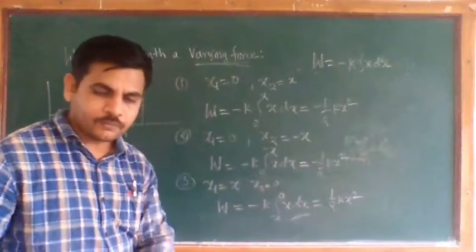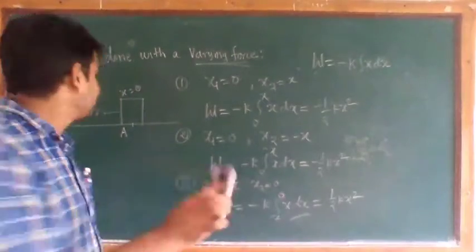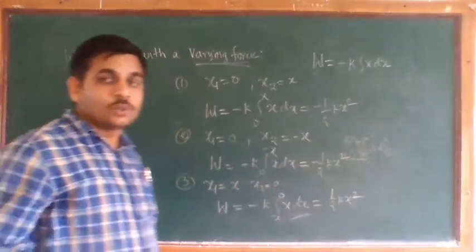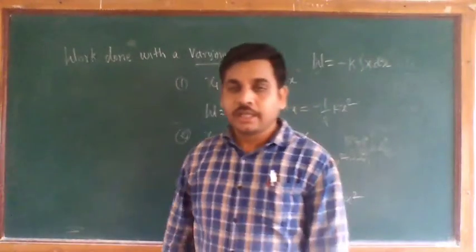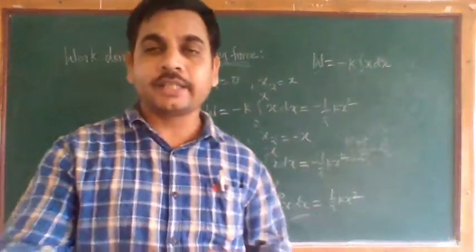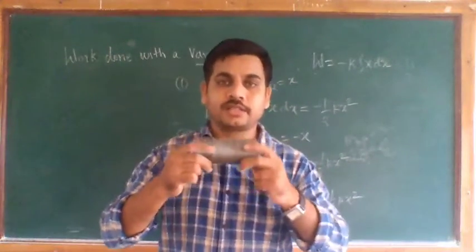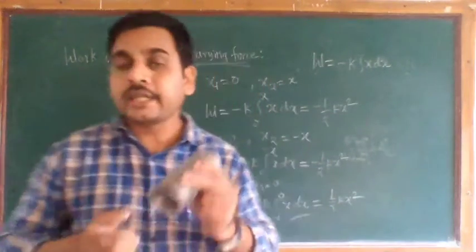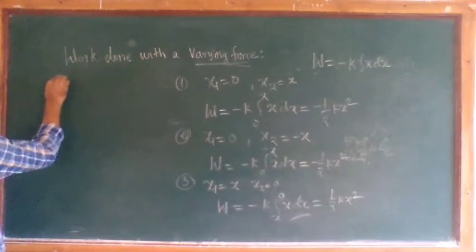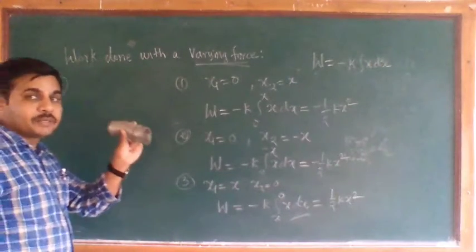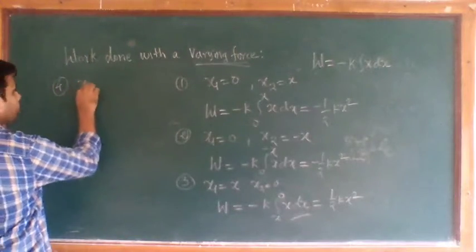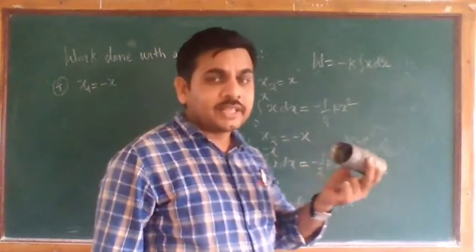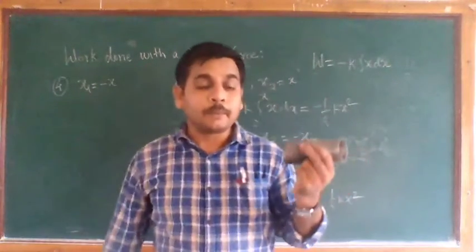Now we are moving to the fourth case. In the fourth case, at the initial condition the spring is in the compressed condition, so x1 is nothing but minus x.